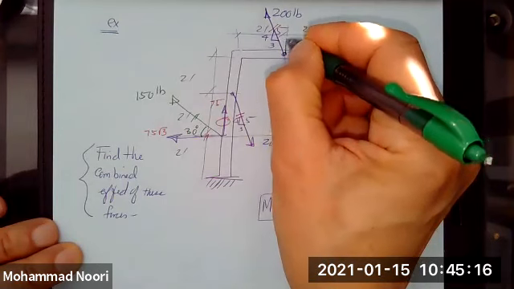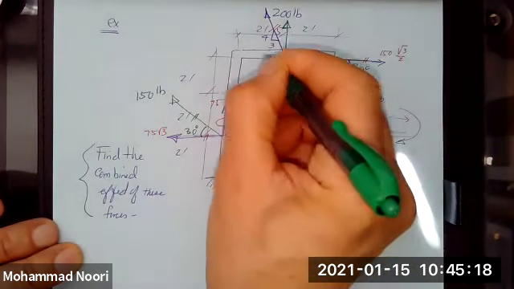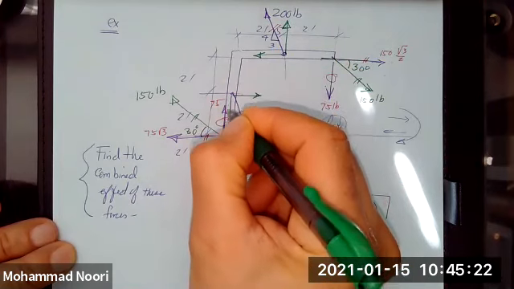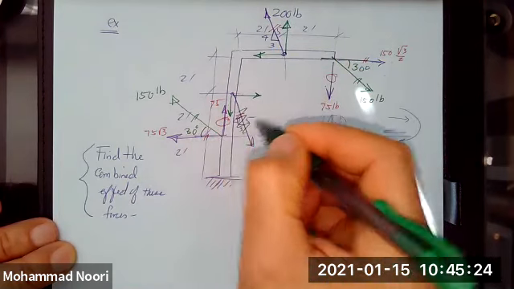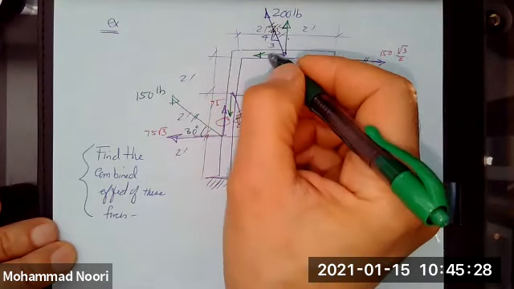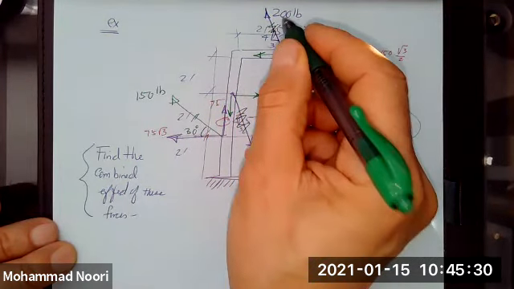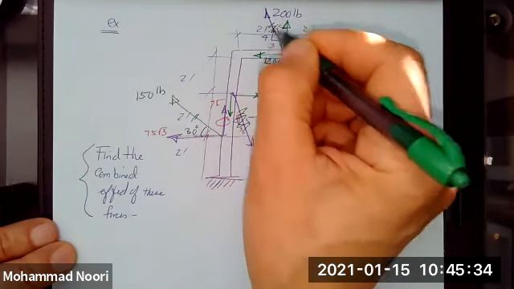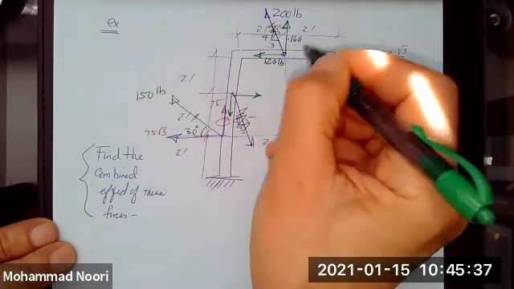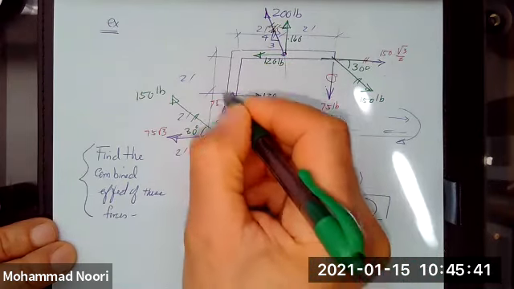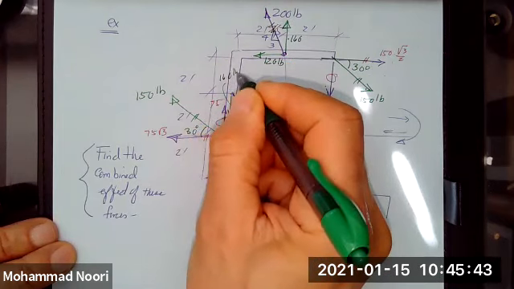In other words, if you resolve this into its components, this one would be 3/5 of 200, so 120. This is 4/5 of 200, 160. So this is 120, this is 160 pound.